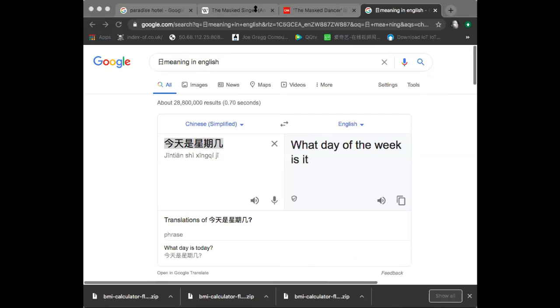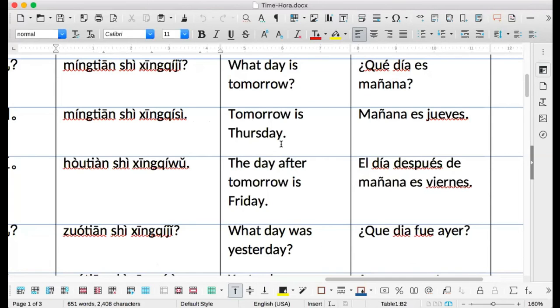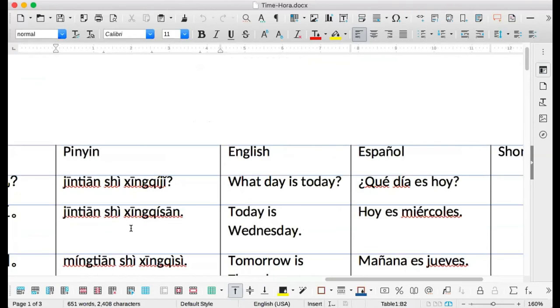All right. Let me show you from this side. Okay, we're here. So we're saying instead of Sun, it's Liu. Okay. So 今天是星期六. Let's read together. 今天是星期六.